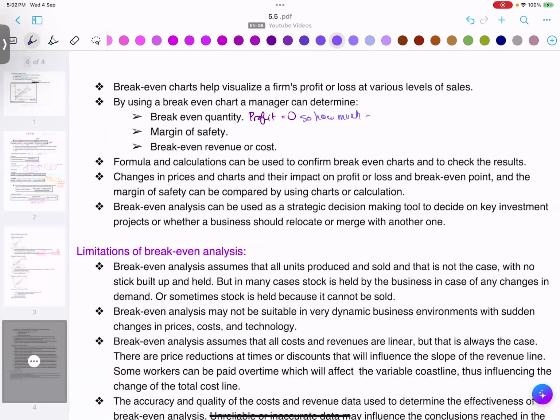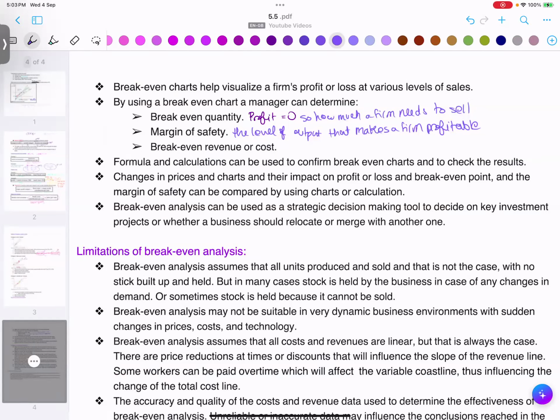And then we have the margin of safety, basically the level of output that makes a firm profitable, right? Then you have the break-even revenue or costs.